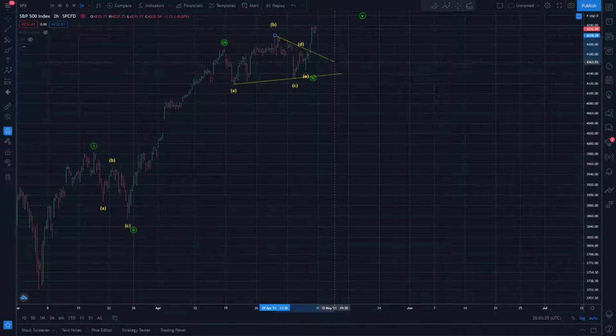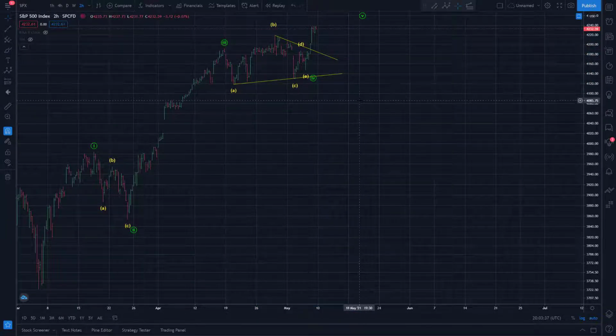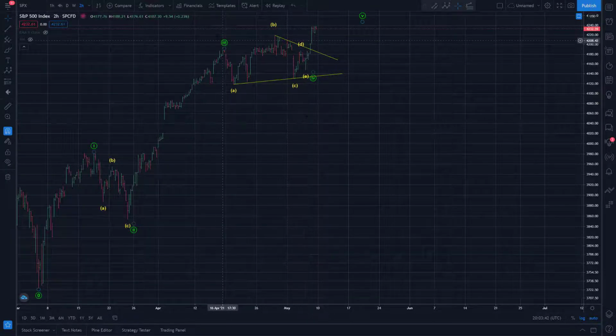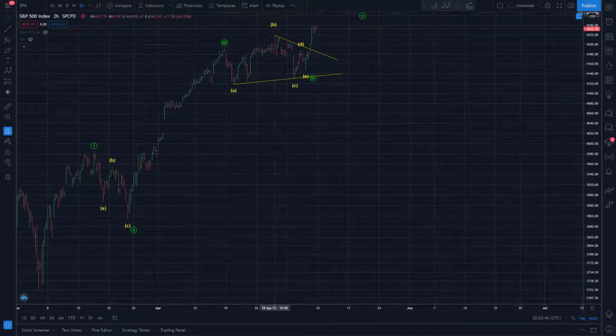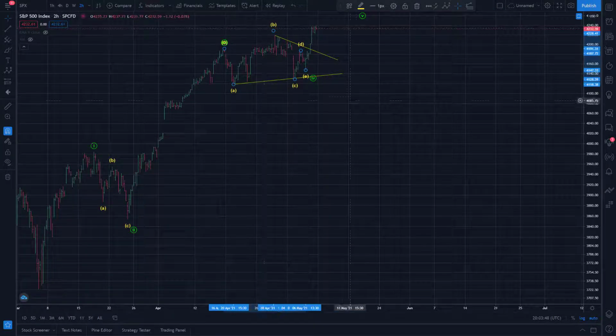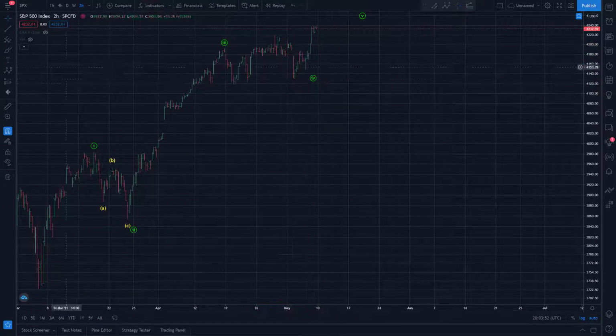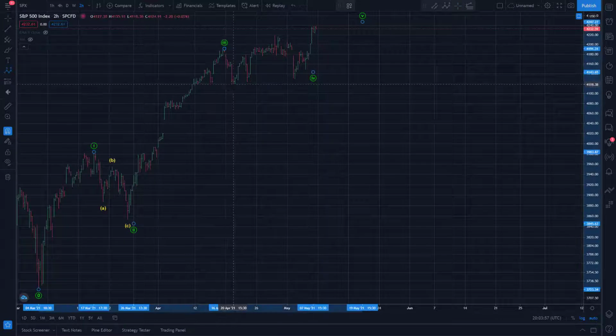And that's what you would do with that. Now that I've shown you either of those scenarios, it doesn't really matter. Either way, I think it's best viewed as a 4th wave, whether it be a flat or a triangle. Let's just go with the interpretation that's flat, but again, doesn't really matter.